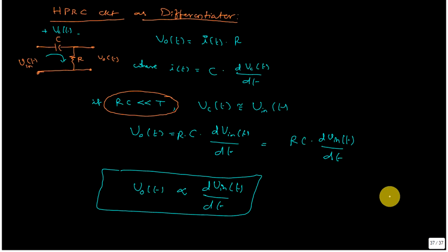Okay. So when the high pass RC circuit is acting as a differentiator, what happens when different types of signals are applied? That we will see now.